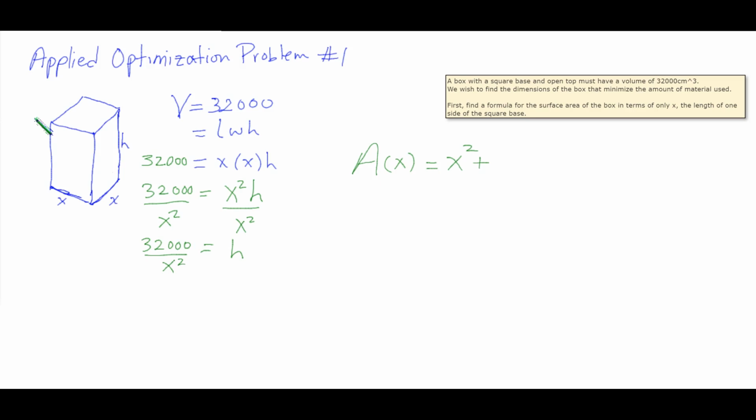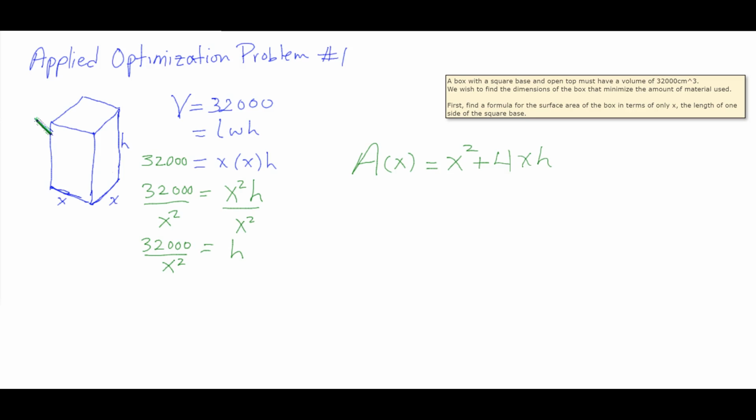Since there are 4 sides, and the area of each one of those sides is going to be x times h, the length and the width of each of the sides, it's going to be 4 times x times h.